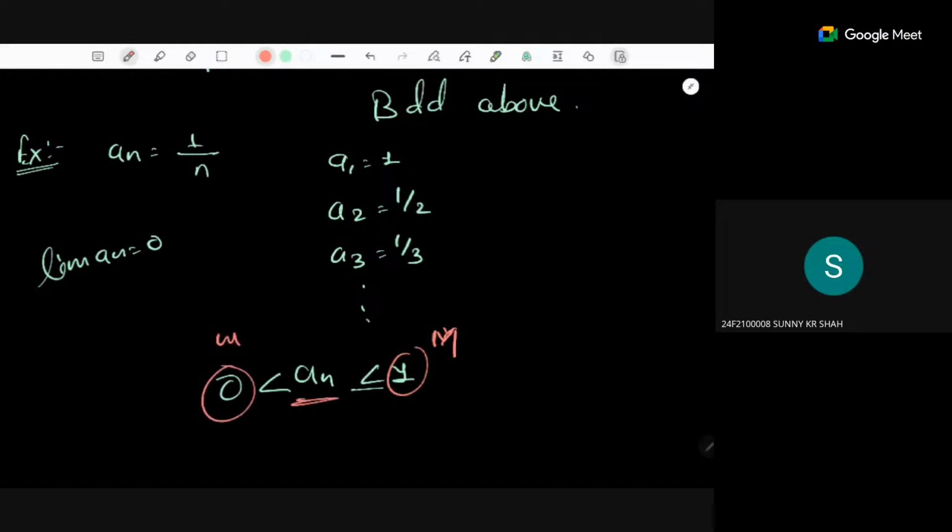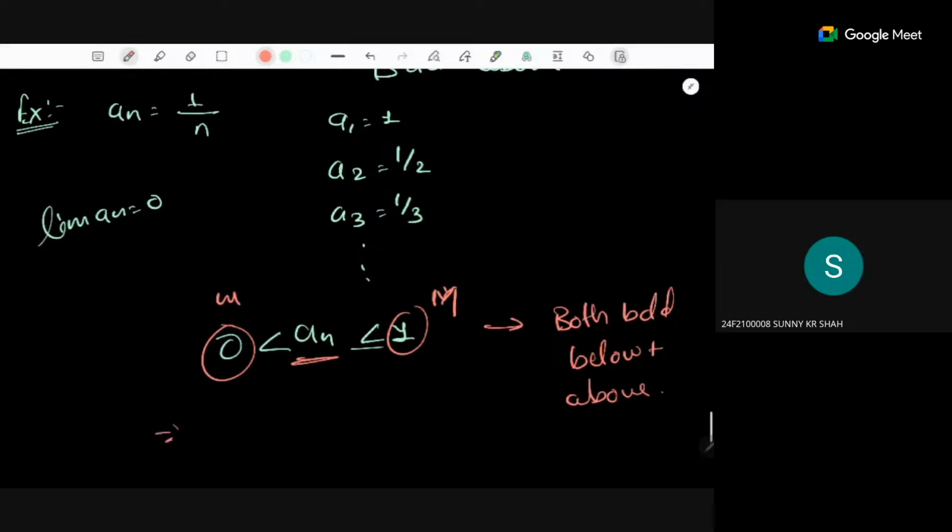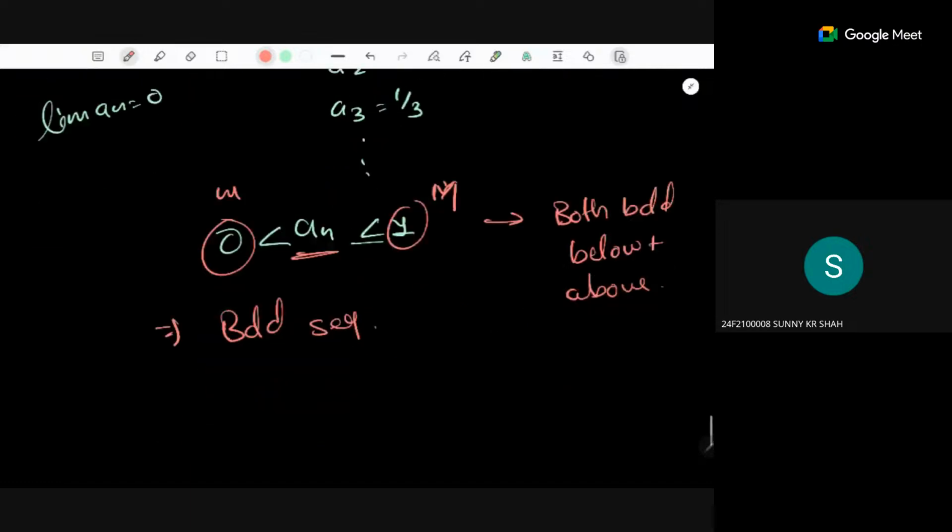So now this sequence an is bounded below by 0, 0 is one lower bound, and bounded above by 1. So that means it is both bounded below as well as bounded above. So we can say that the sequence is nothing but a bounded sequence. Okay, I'll take one more example.